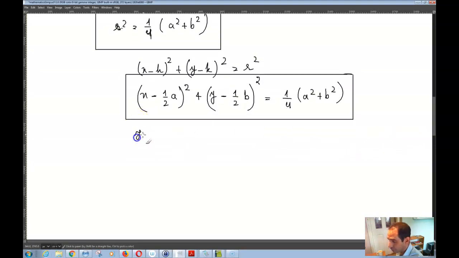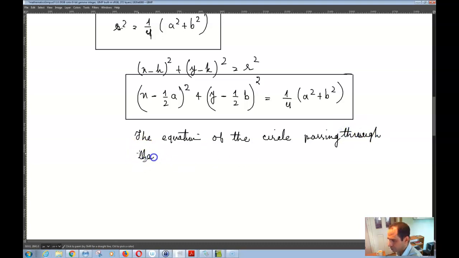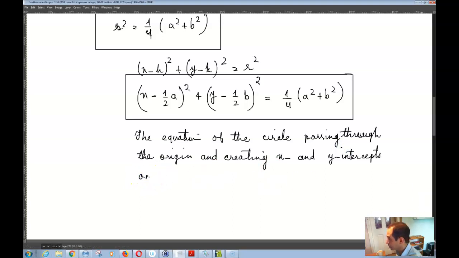This is the equation of the circle passing through the origin, and creating x and y intercepts, on the basically A and B on the coordinate axis.